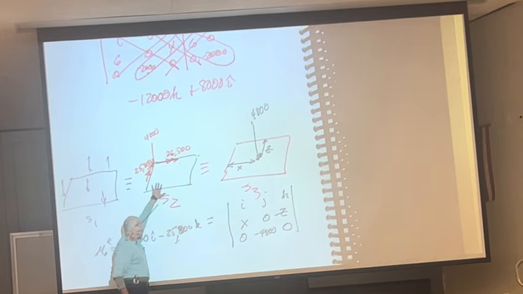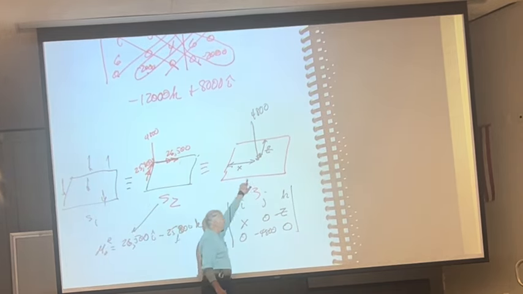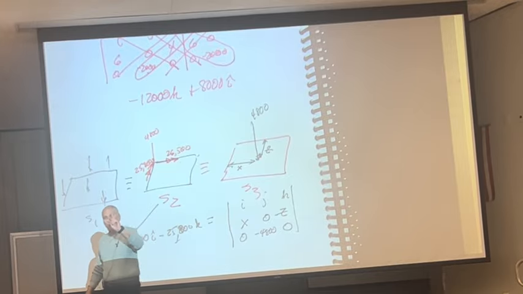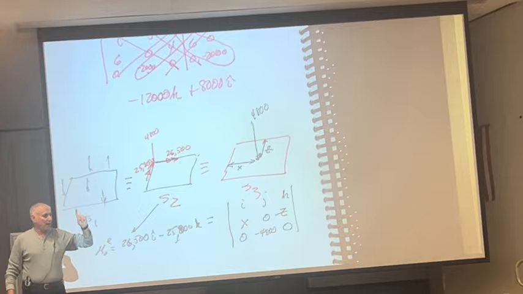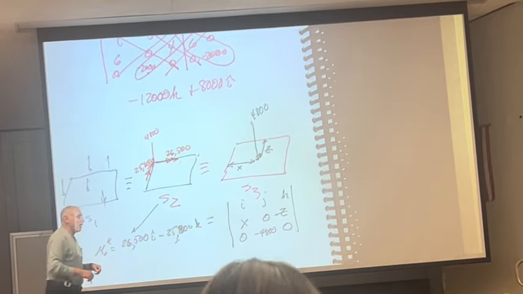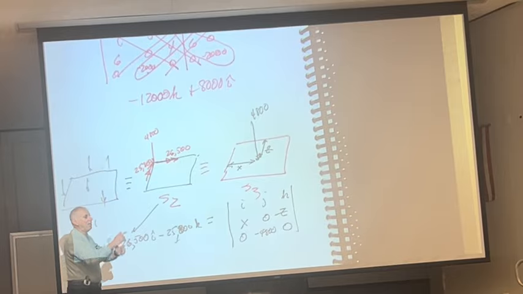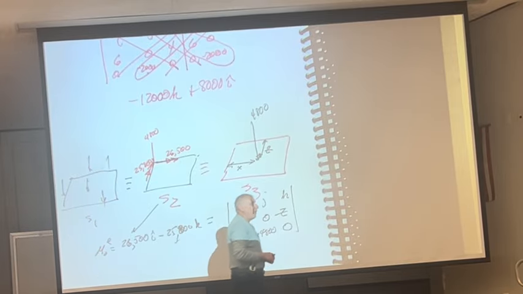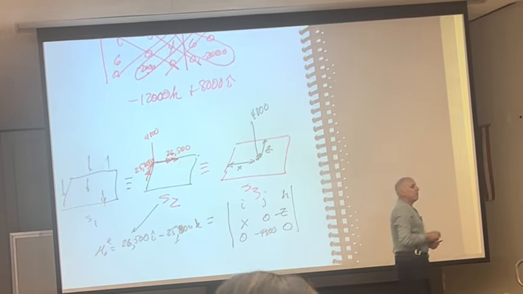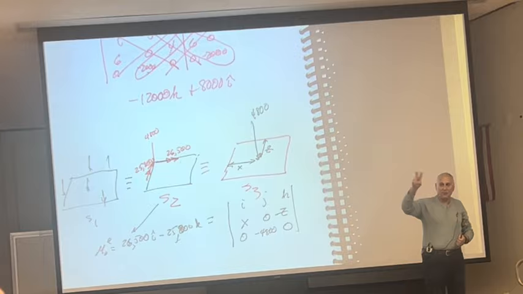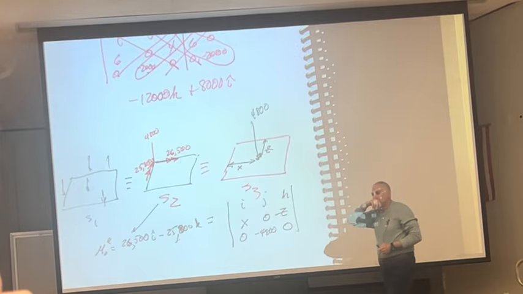The moment in system 2 must equal the moment in system 3, generated by that single force of 4,800 downward. I just have to locate it somewhere in this plane and put it there. The location of that point has to generate the same moment that was in system 2 if the two systems are equivalent. Yes?